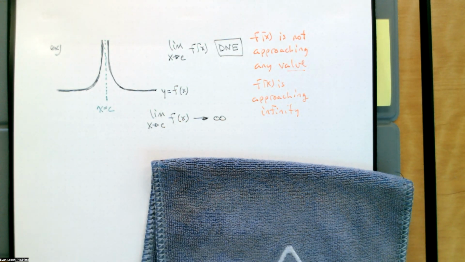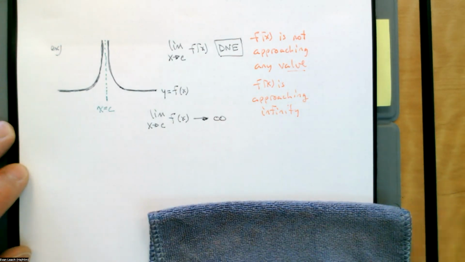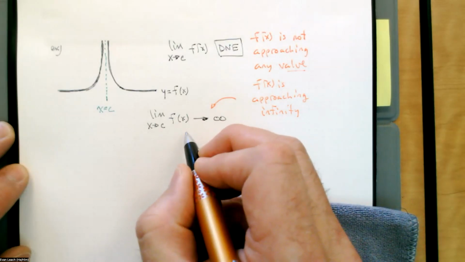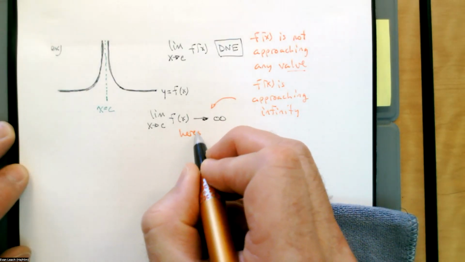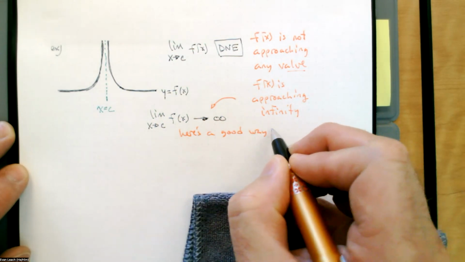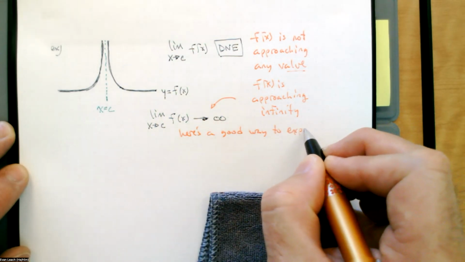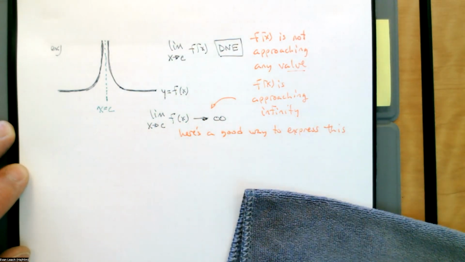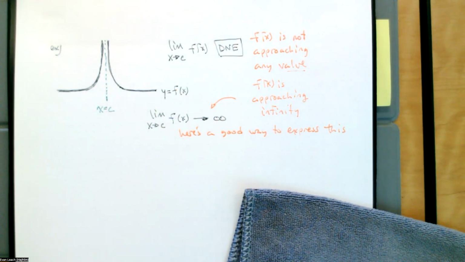It's saying, not just that it doesn't exist, but it's headed towards infinity. That's why it's not existing. We can say the limit as x approaches c of f of x is approaching infinity.